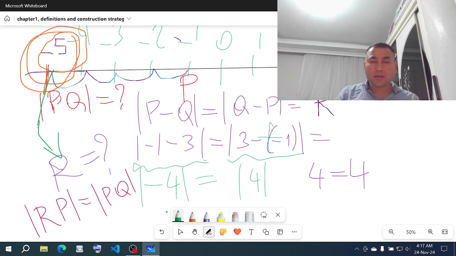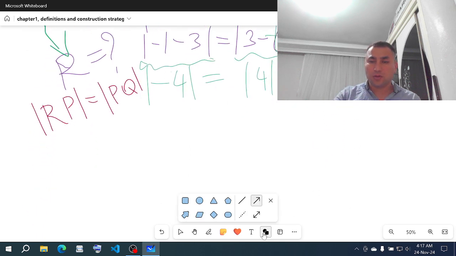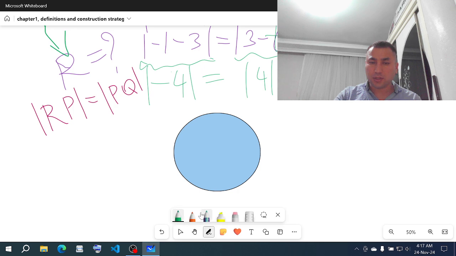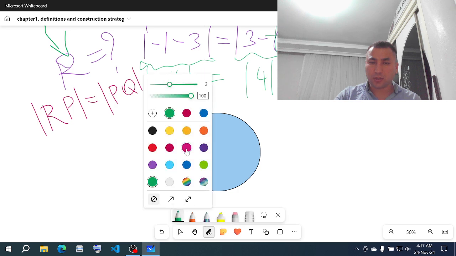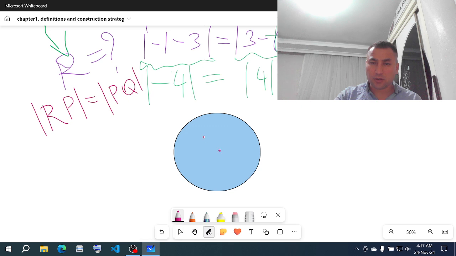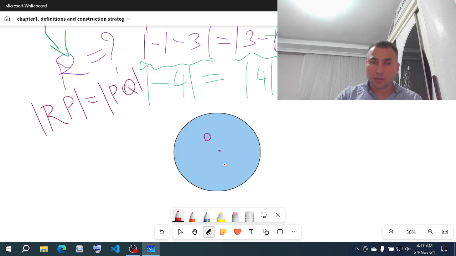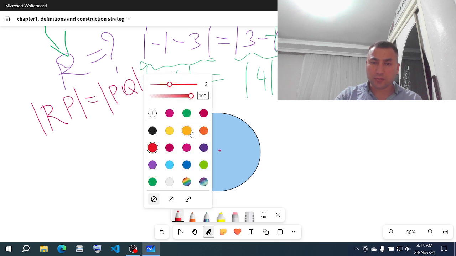Why is the center of a circle not part of the circle? Because when you draw a circle, the center is always at the same equal distance from the outer part. So let's say the center is around here. It always has the same distance to the other side.